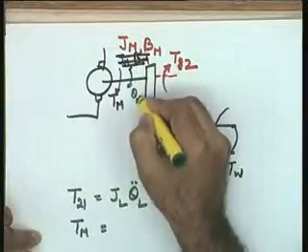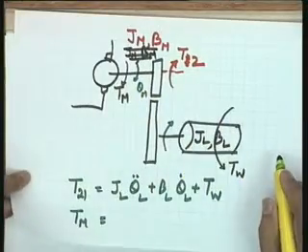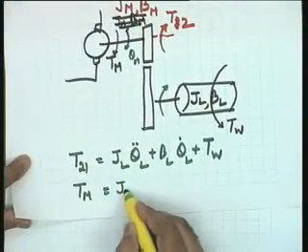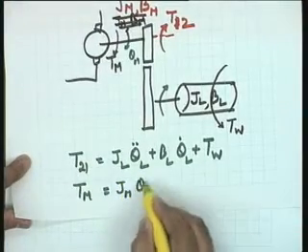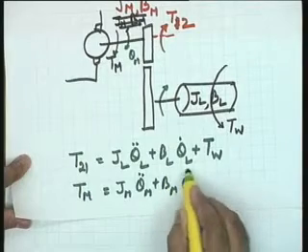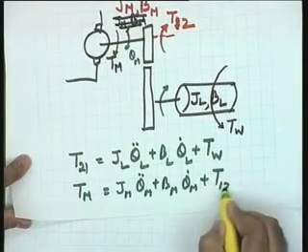Tm is the developed torque, theta m is the angular displacement of the motor shaft. In that case, Tm is equal to Jm theta m double dot plus Bm theta m dot plus T12.